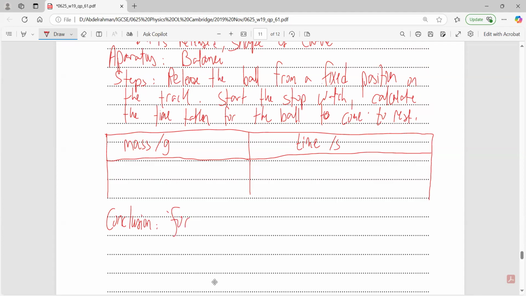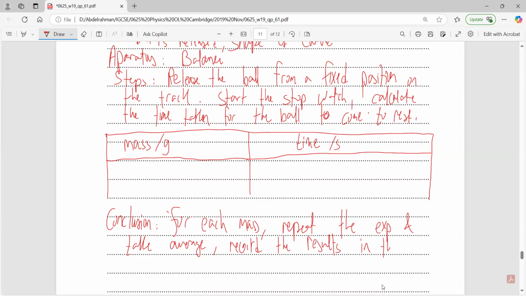For each mass, because this is the variable we're changing, repeat the experiment and take average. Record the results in the table.